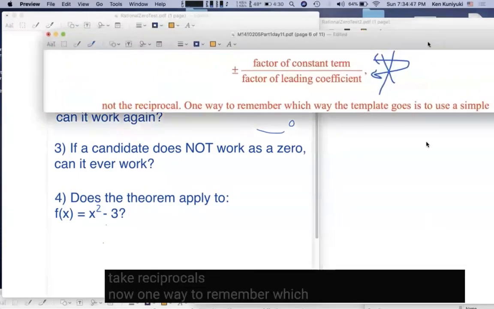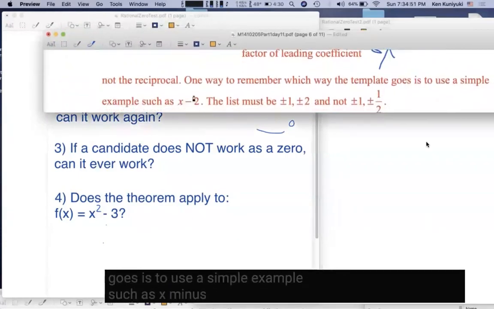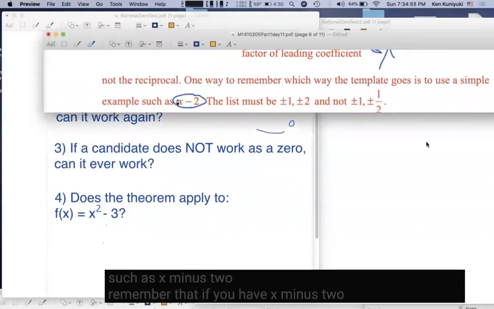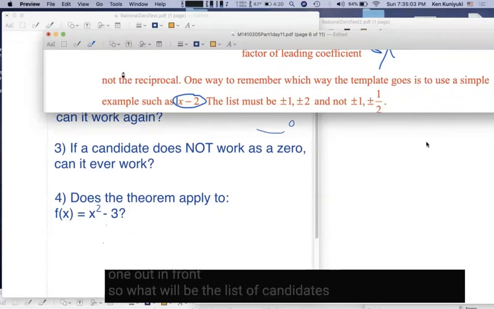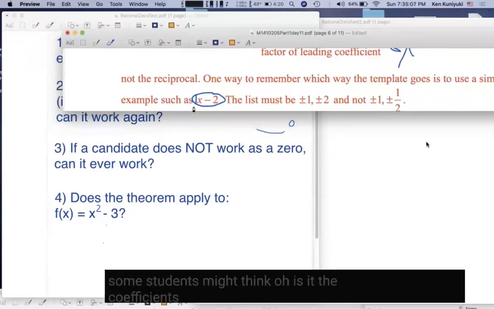Now, one way to remember which way it goes is to use a simple example, such as x minus 2. Remember that if you have x minus 2, there's an implied 1 out in front. So what would be the list of candidates? Some students might think, is it the factors of 1 over the factors of negative 2?